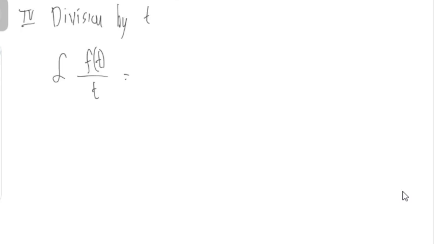So ito, it is equal to the integral from s to infinity, no? Then, the Laplace transform of a function of t ds. Magdo-double integration ka. No? Kukunin mo muna yung Laplace transform ng function of t. Pagka nakuha yung Laplace transform ng function of t, i-integrate mo ngayon from s to infinity with respect to s. That is division by t. Okay?